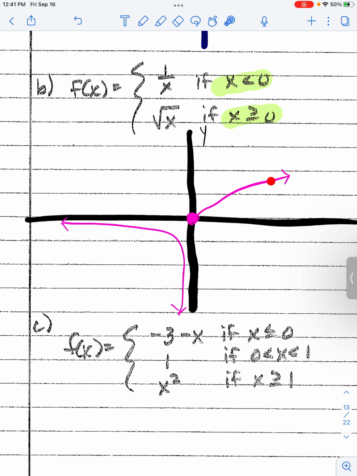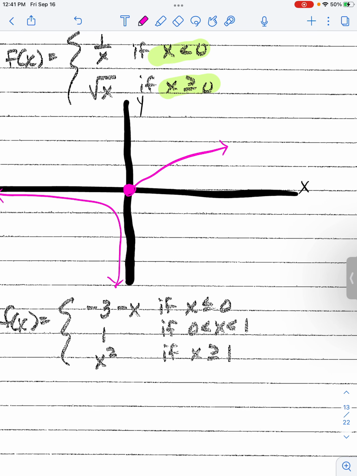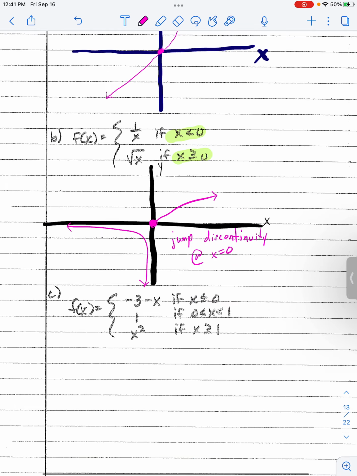But from the right, as I go to x equals 0, my y goes to 0. So there's a jump here. I think it's a jump discontinuity here. Right, so that's our discontinuity.